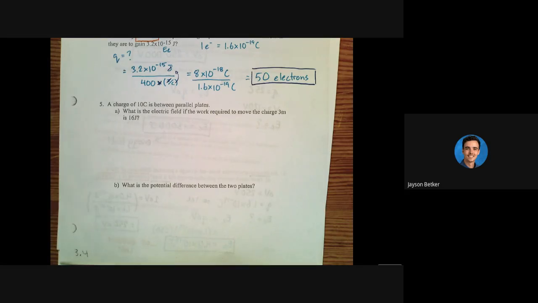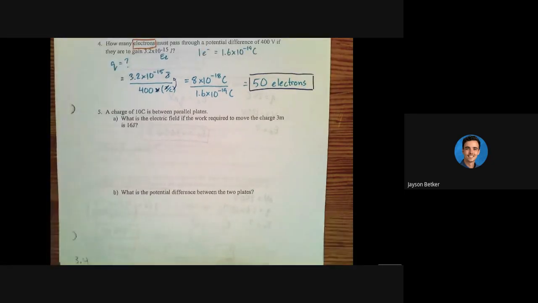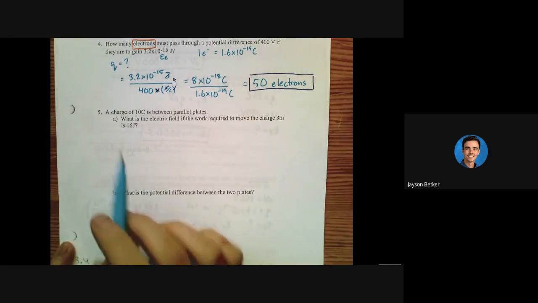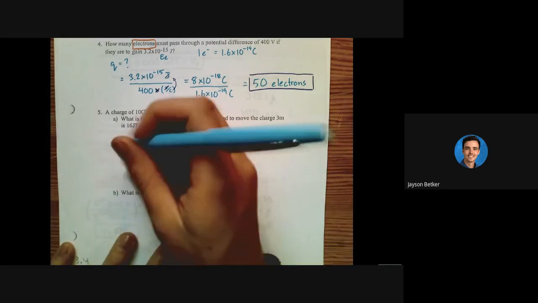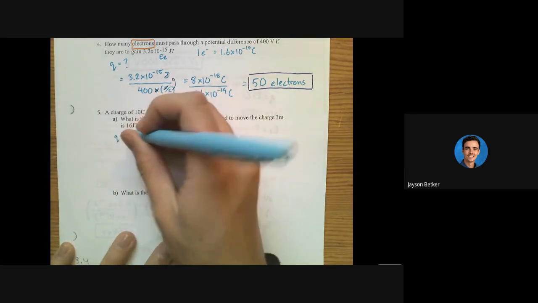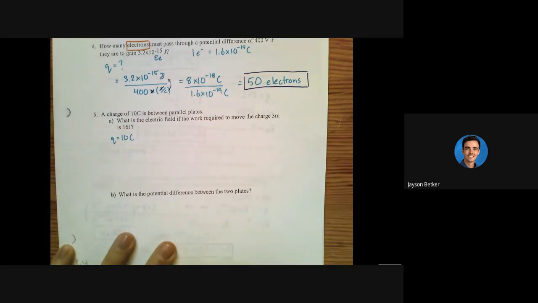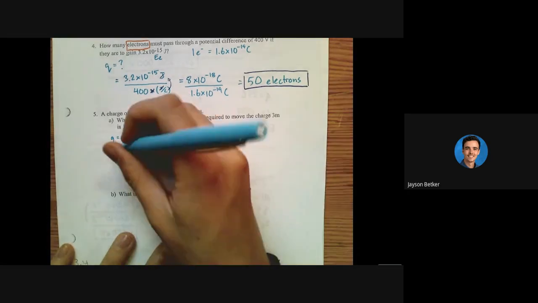So what formula am I going to use now? Let's write out everything that we have. We have a charge of 10 coulombs, and we're trying to find the electric field.